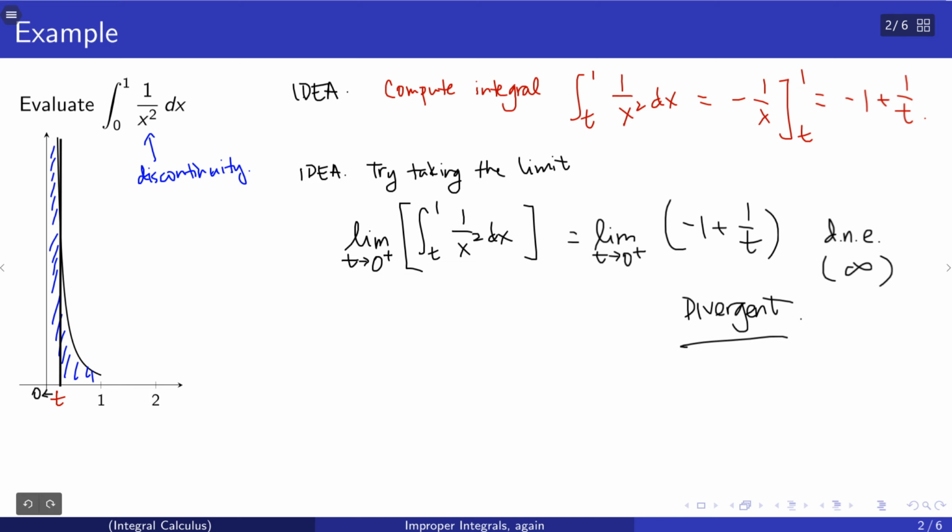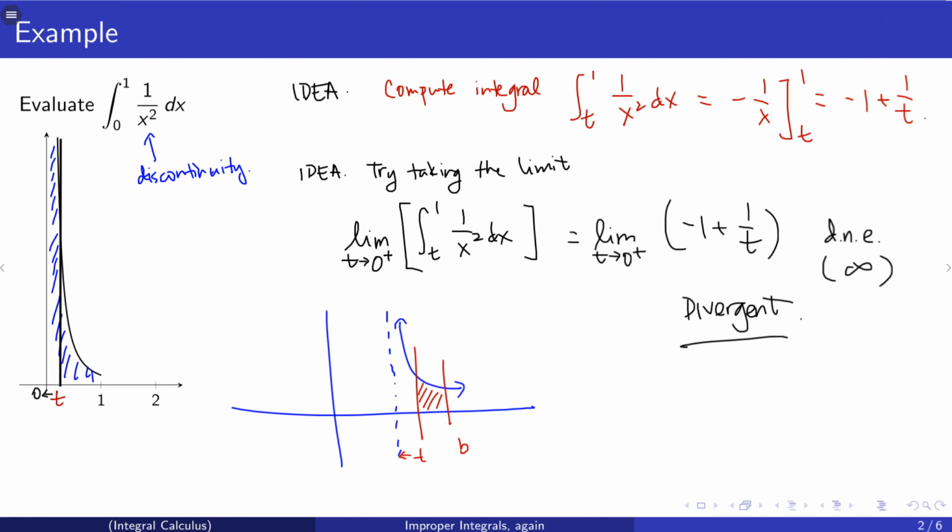And so it turns out that if we do have a discontinuity for a function, then this is how we'll do it. If you have, say, an essential discontinuity, which is a vertical asymptote like this, we're just going to compute the area up to some t, and let t approach that vertical asymptote from the right.